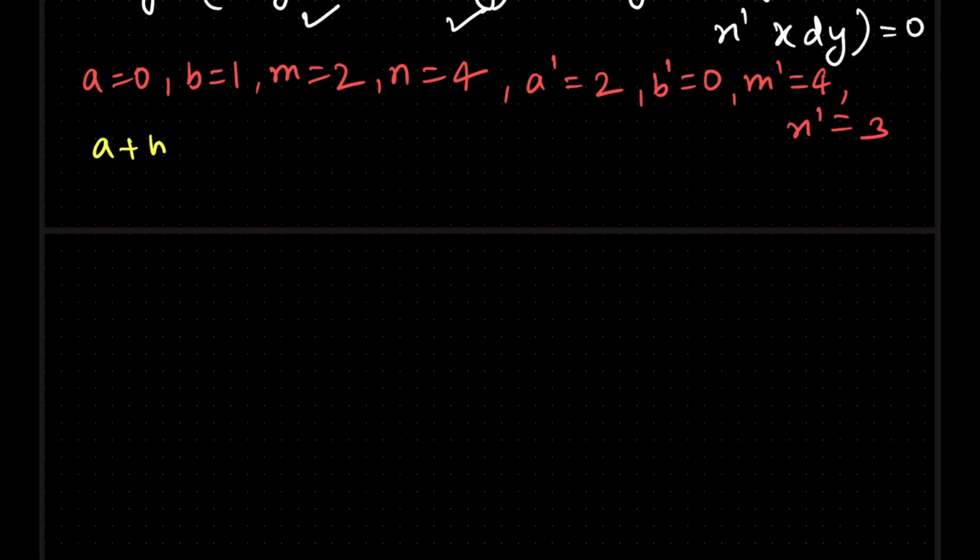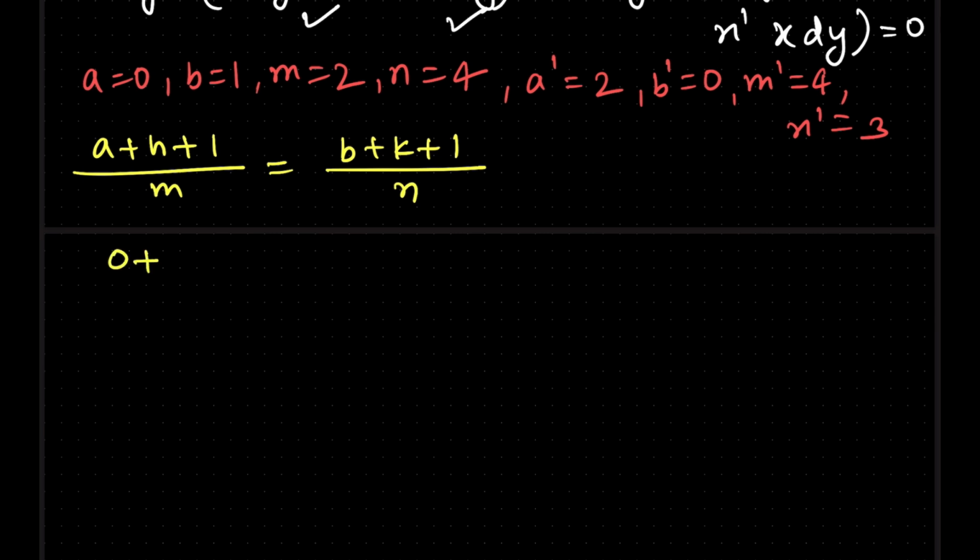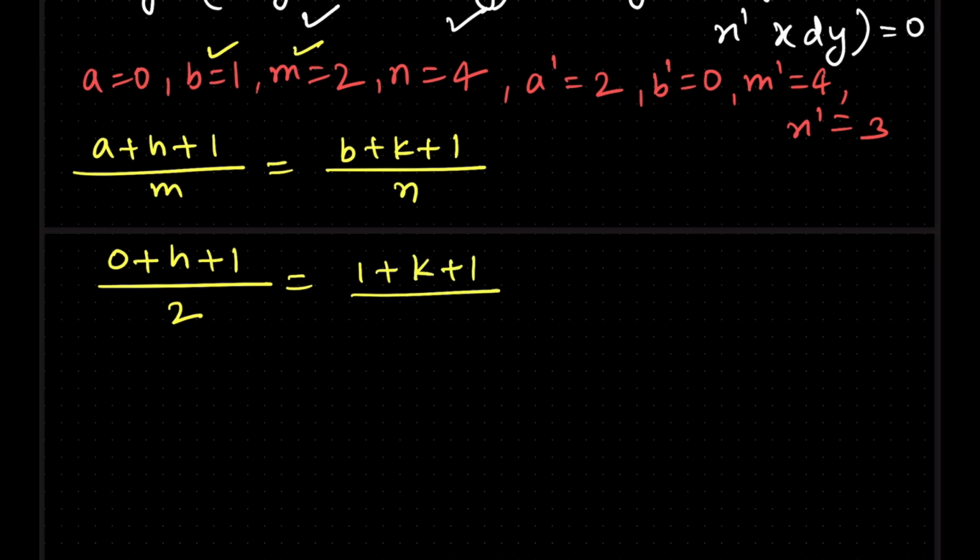So now let's solve our equations. So our equations were a plus h plus 1 divided by m, and here b plus k plus 1 divided by n. So value of a is 0, h is as it is plus 1, m is 2, then b is 1, k plus 1, then again n is 4.